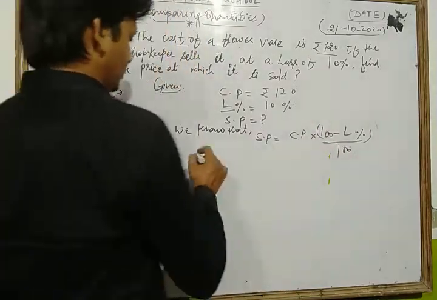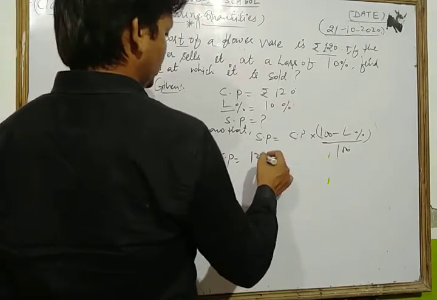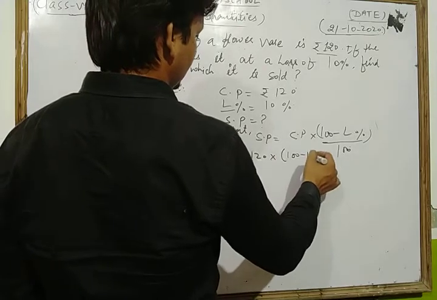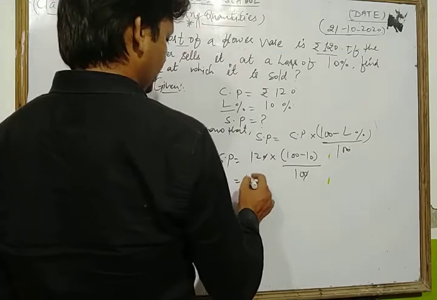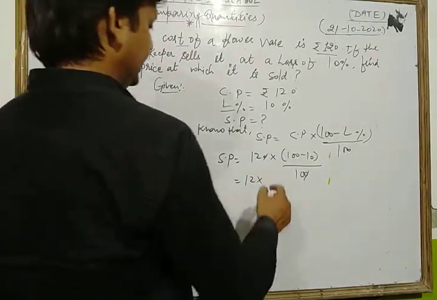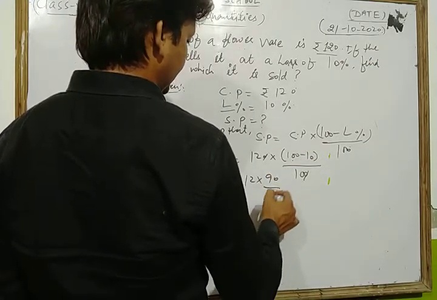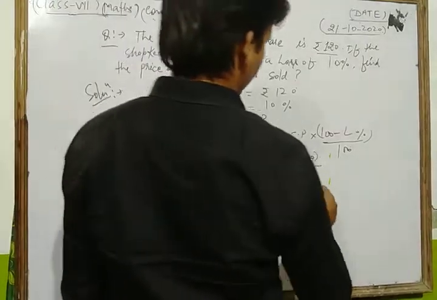Now look, we put the values. Cost price is 120 into 100 minus loss percent, which is 10, upon 100. The 10 cancels with 120, so we get 12 into 100 minus 10, that is 90. 12 nines are 108.